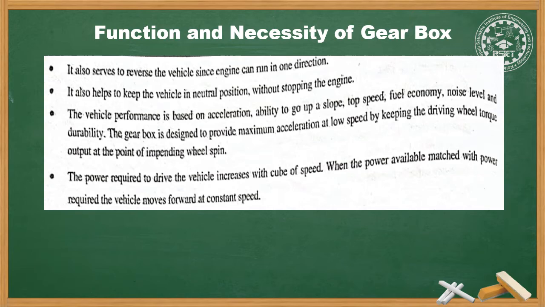When the power available matches the power required, the vehicle moves forward at a constant speed. That is, the gearbox is necessary to move the vehicle forward at constant speed and to vary the torque and speed as per road and load condition.